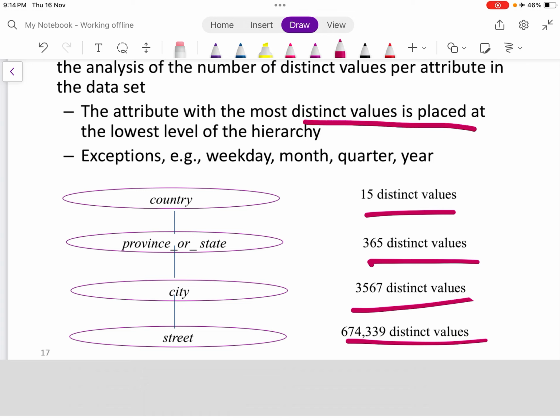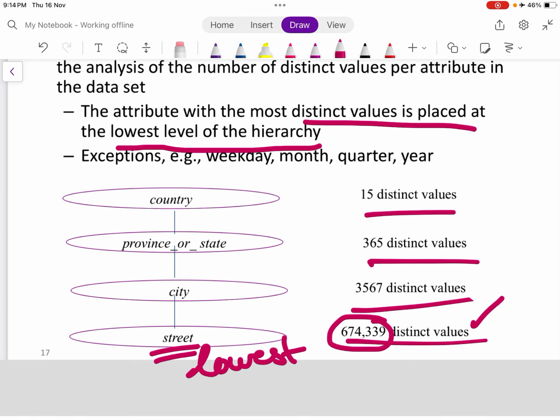So, the attribute with the most distinct values is placed at the lowest level of the hierarchy. This has the most distinct values, so you can see the number is larger, so place it at the lowest level of the hierarchy.